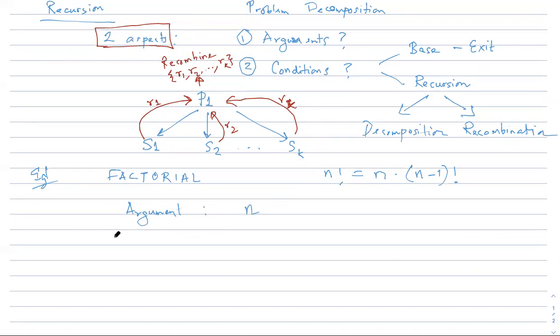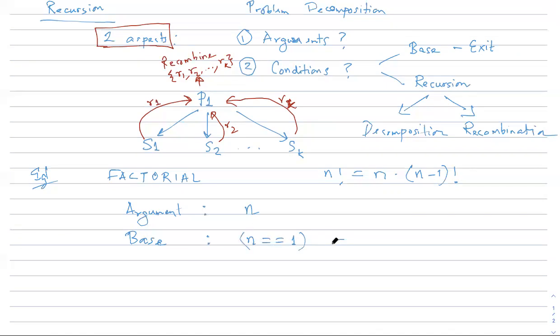N, exactly. Then the next question that we are dealing with is the conditions, right? So there has to be a base condition. What is the base condition that we know of in the factorial? When n is 1. Yeah, n equal to 1.